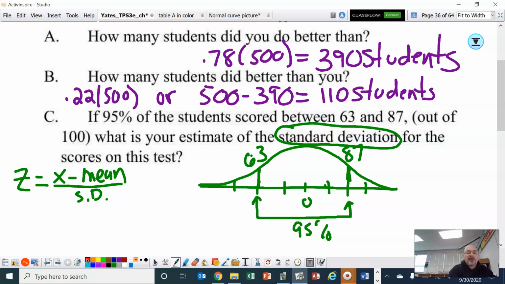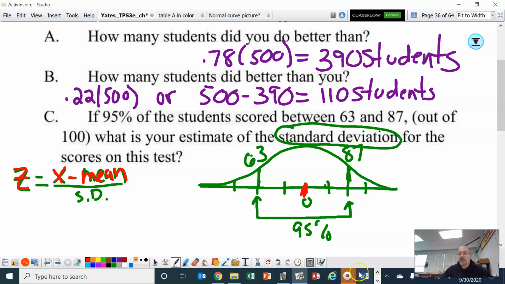Well, that tells me I got to know my z-score. I have an x, I have to know the mean. Well, wait a minute, they didn't tell me the mean. Well, think about it, ladies and gentlemen. The mean is going to be right here where the 0 is, right?